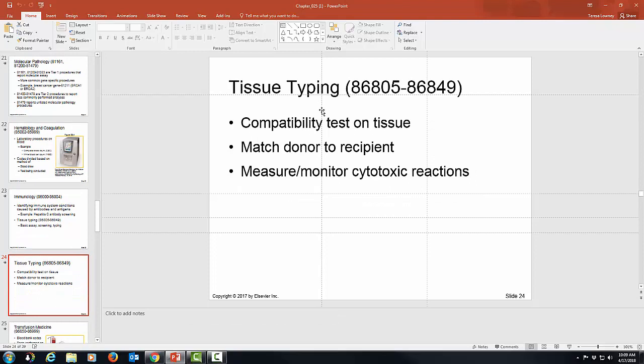We want to make sure on tissue typing that we're looking for compatibility to match a donor to a recipient. Remember when we did integumentary, we talked about tissue transfers for burn patients. It's not going to do our burn patient any good if we transfer tissue that is not compatible. So we need to measure and monitor the cytotoxic reactions.